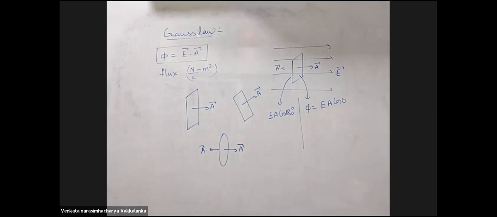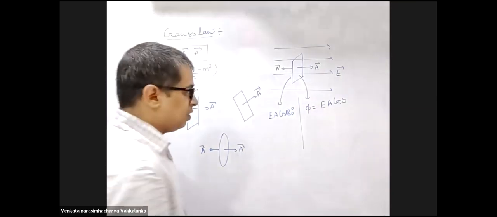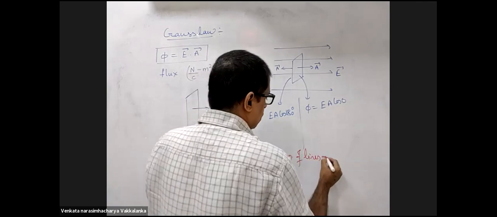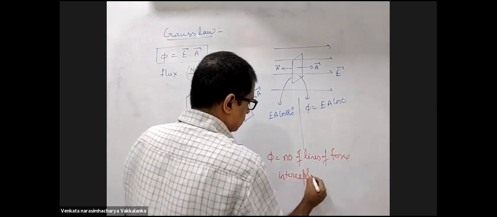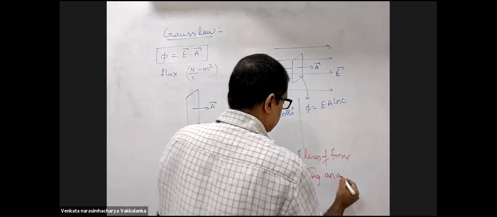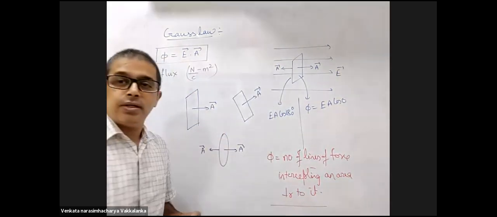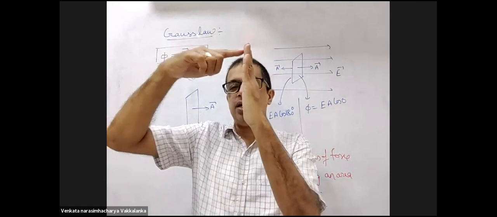A crude way to visualize electric flux is the number of electric lines of force intercepting a surface perpendicularly. If this is the area, I have say 10 lines intercepting this surface.